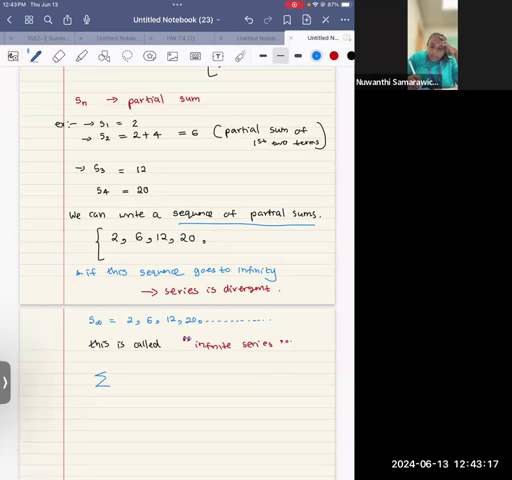So if the partial sums, if you add them up, if the partial sum is convergent, I will write again, if this sequence goes to a finite number, then we say it is a convergent series.